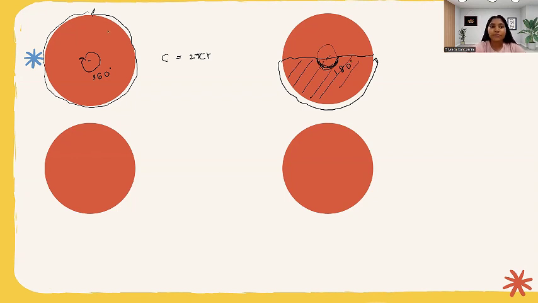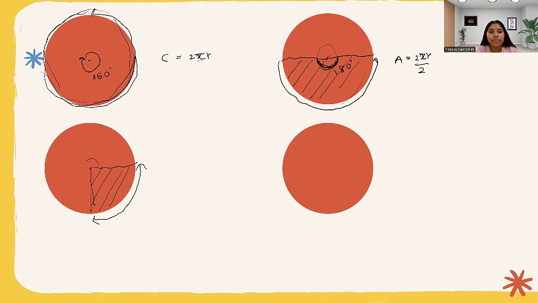And also, if this entire thing is 2πr, the half of it should be 2πr divided by 2. So this arc length is equal to 2πr divided by 2. And here I want to find the arc length of this quarter of this circle.